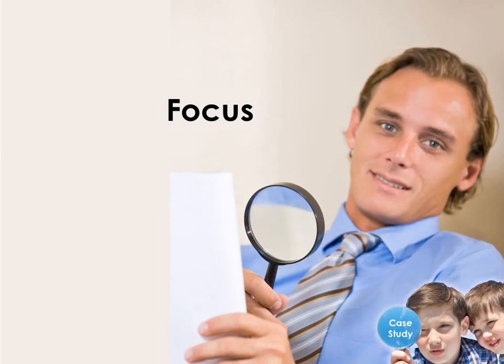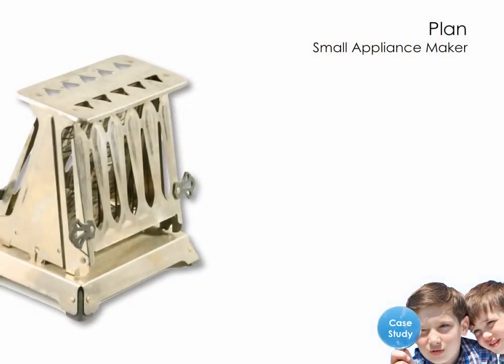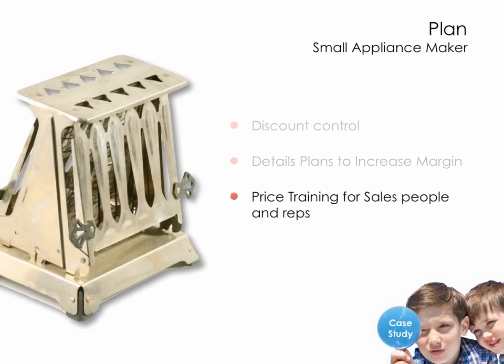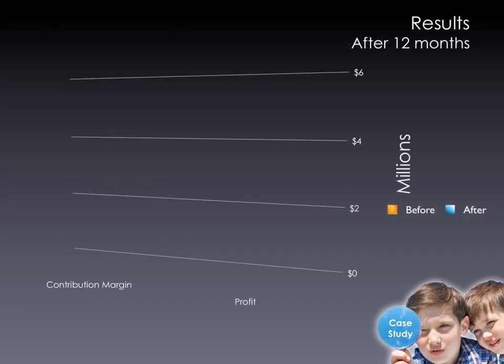The plan that came out of this data included a better process and control for discounts. They developed detailed plans to increase margins, and they trained salespeople and reps to defend prices and sell value. And the focus enabled them to execute well.